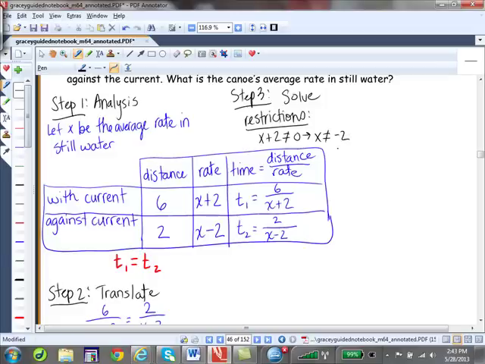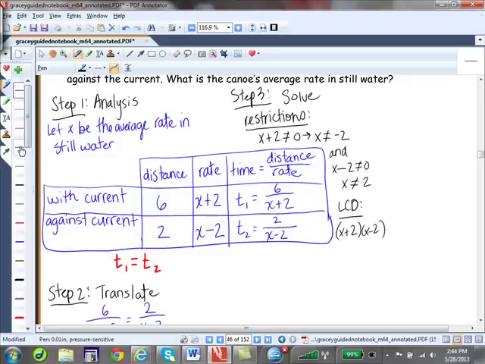And x minus 2 cannot be equal to 0, so x cannot be equal to positive 2. The LCD is going to be x plus 2 times x minus 2.